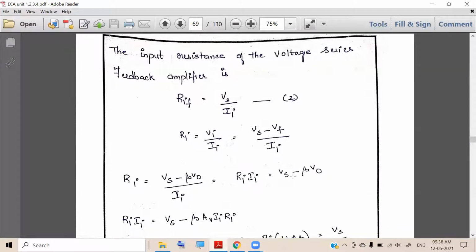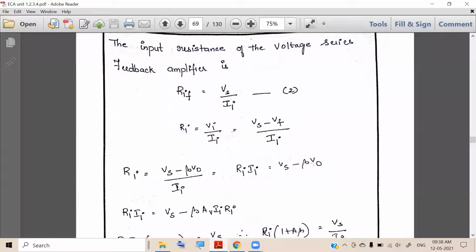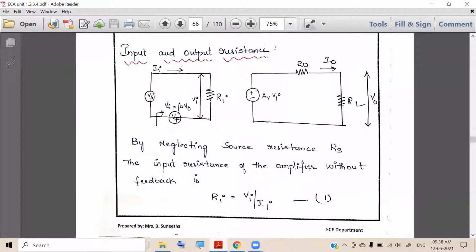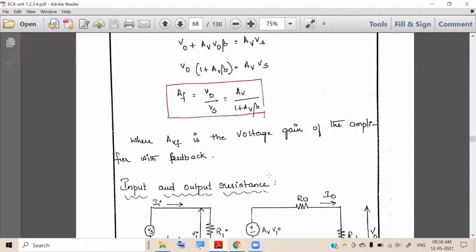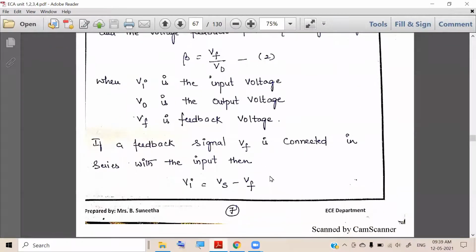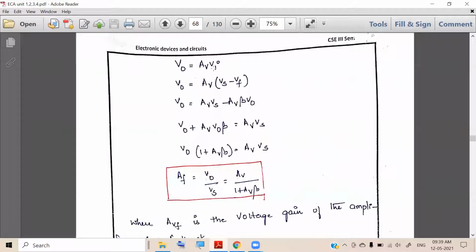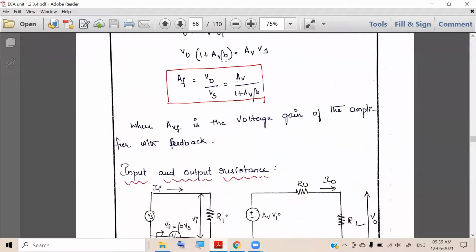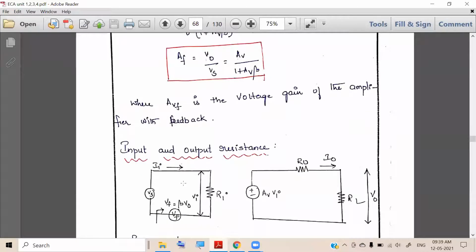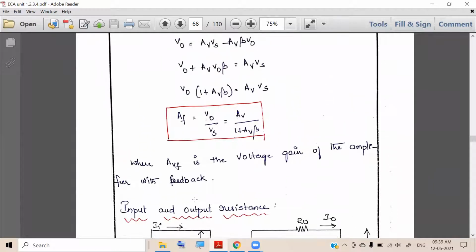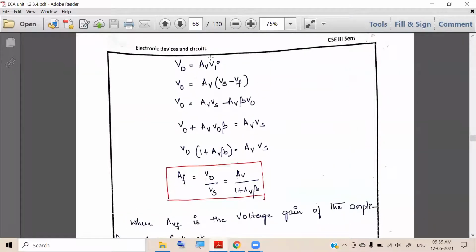Now here, V naught we already discussed we can write as Av into Vi, and Vi we can write as Ii into Ri. So first we write V naught in terms of Vi: V naught is equal to Av into Vi.